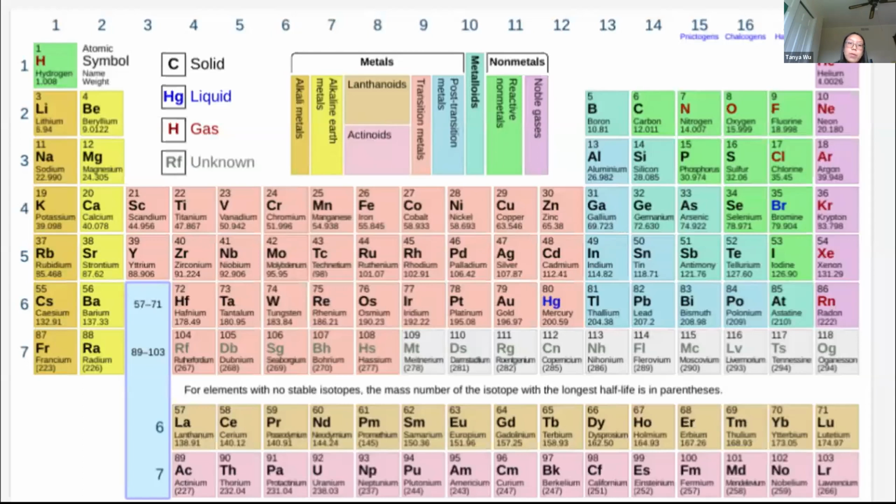And the number of electrons an atom has is dictated by the number of protons it has. So by itself, oxygen will have 8 electrons in total, and fluorine would have 9 electrons in total.